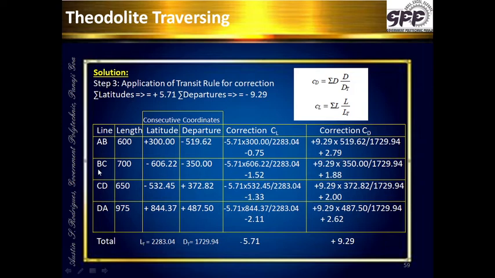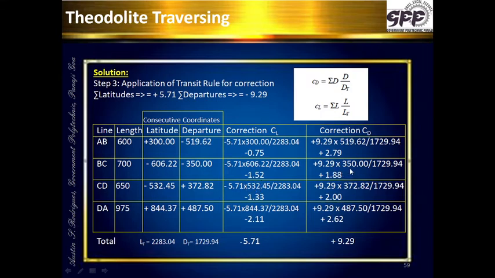Coming to the next one, line BC, 5.71 into its individual latitude, that is 606.22, divided by sum of all the latitudes without considering the sign, that is 2283.04, which gives me the value as minus 1.52.